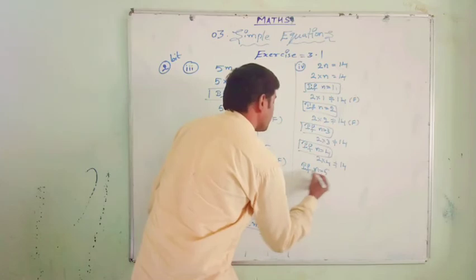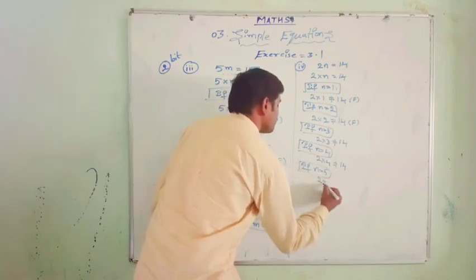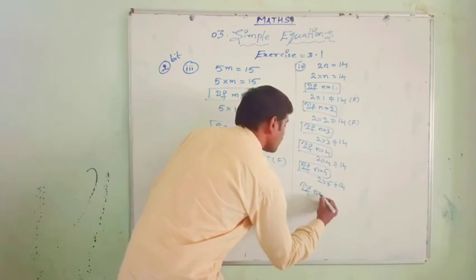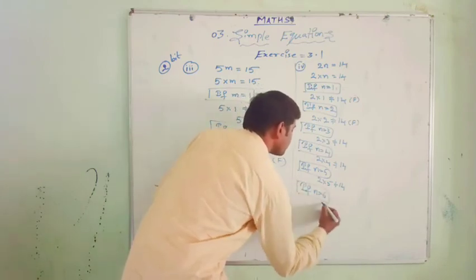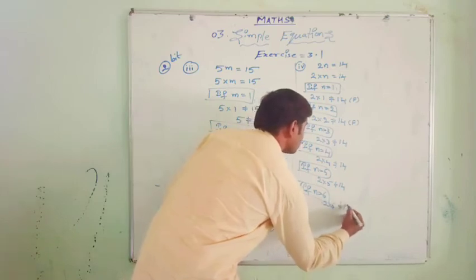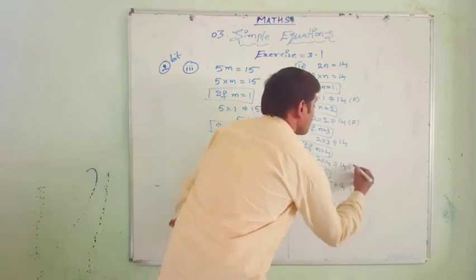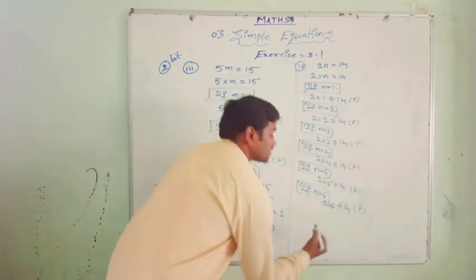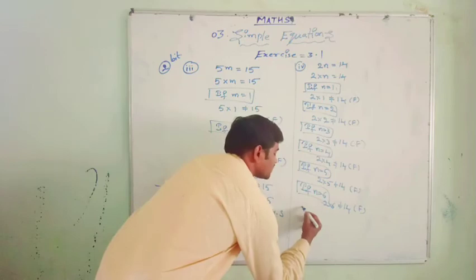If n equal to 5, 2 into 5 is not equal to 14. If n equal to 6, 2 into 6 is not equal to 14. These are all false mathematical statements. These are statements, but false statements.